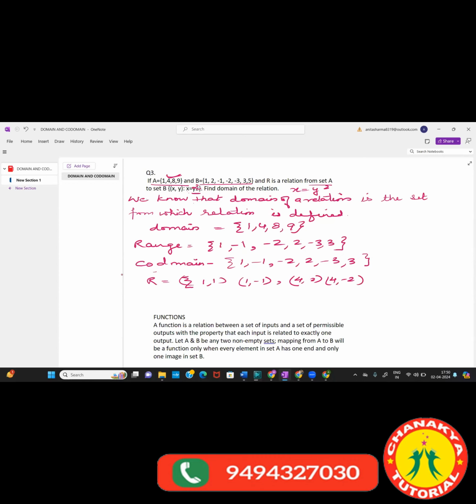And if you are taking 3, then it will be 9, 3. And if you are taking minus 3, 9, minus 3. Right? Clear, beta? Dhanunjay? Yes. Clear?